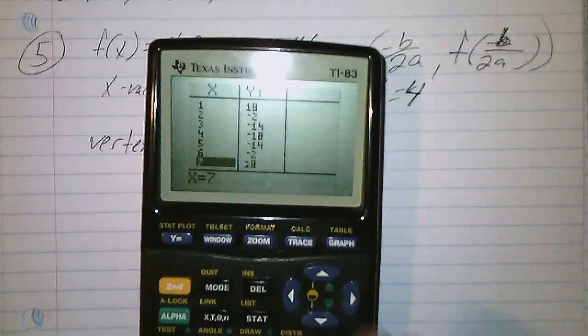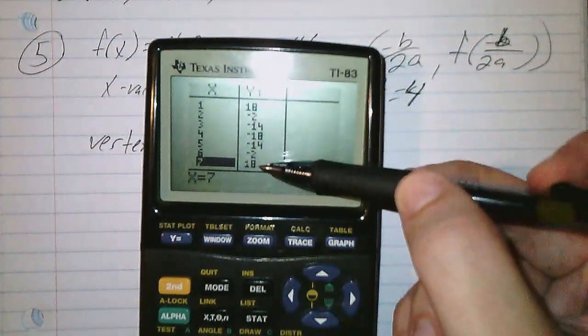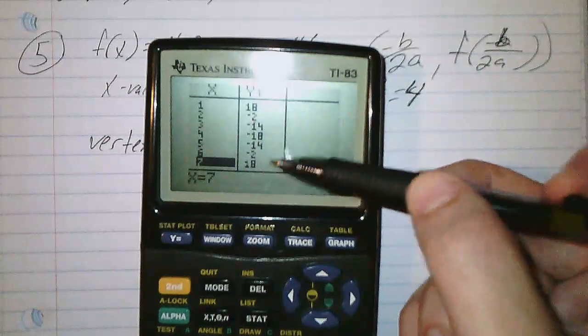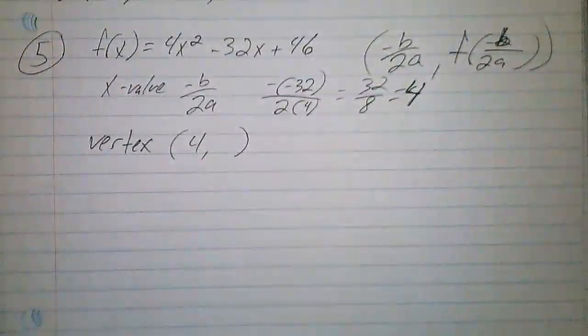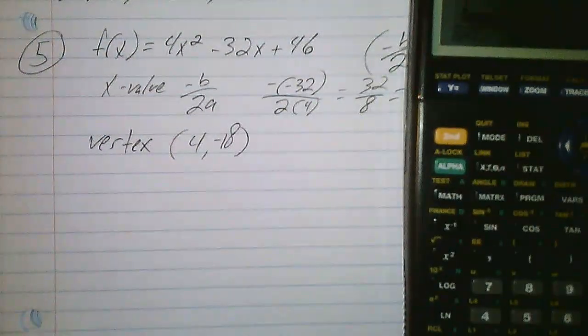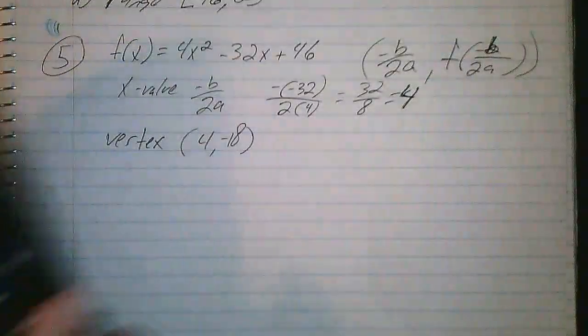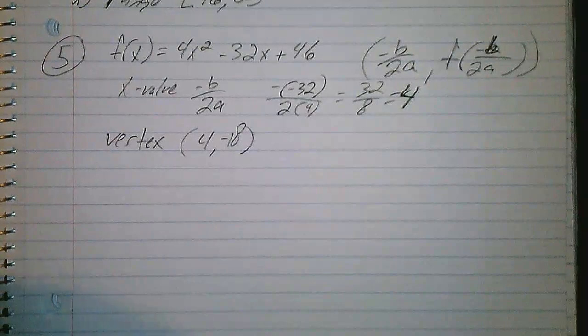And again, you can see at the vertex, the points become a mirror. So 4, -18 is the vertex. That's the way I would recommend solving these problems. So I think that answers everything for 7.1. If you have any questions, let me know.